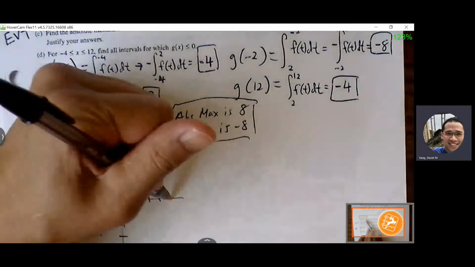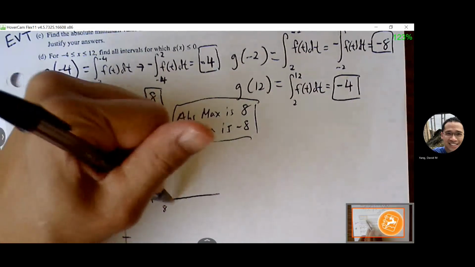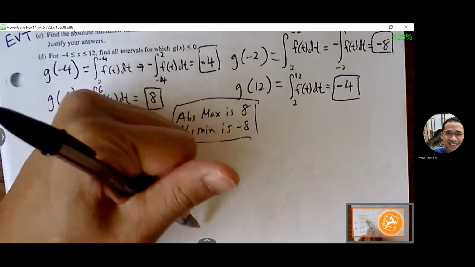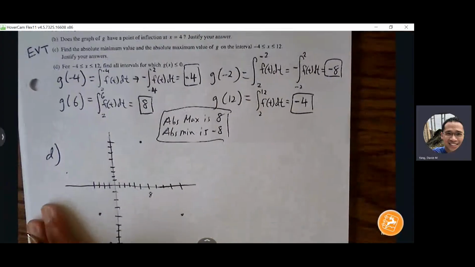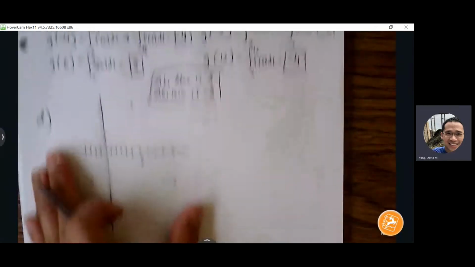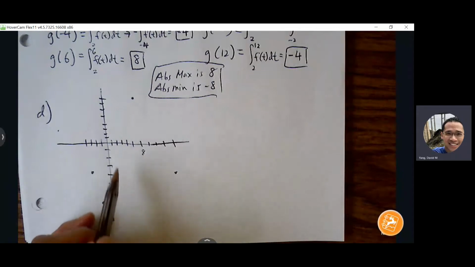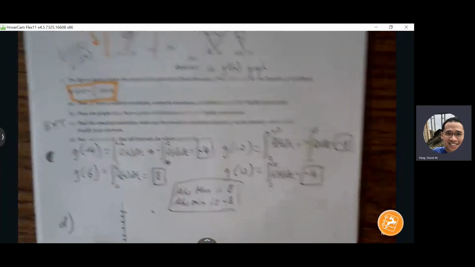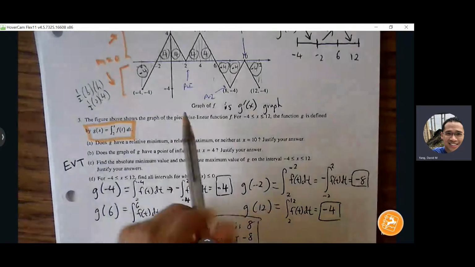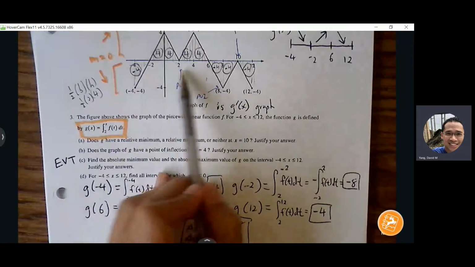And I have 12, -4. Okay, let's see if we can find some more ordered pairs here, because right now we kind of have an idea how the graph is moving, but we don't know where it's going to hit. So let's find some other ordered pairs here. Why don't we also find the ordered pair at 2?